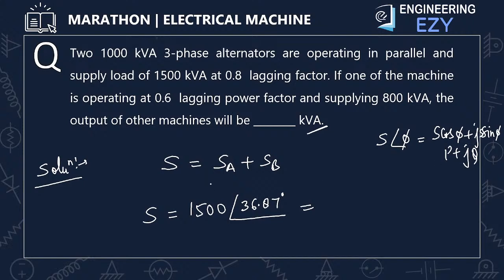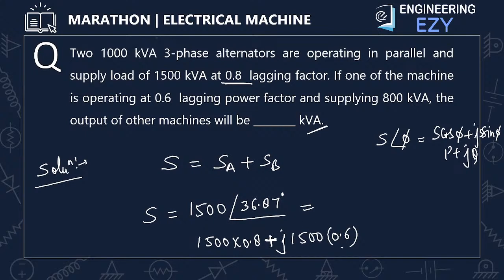Complex power we can add or subtract, but it must be complex. So it is 1500 into cos phi, which is 0.8, plus j times 1500 into sin phi. Sin phi is 0.6; everyone knows if cos phi is 0.8, sin phi is 0.6. And if it is lagging power factor, it is plus, meaning the alternator is providing reactive power.